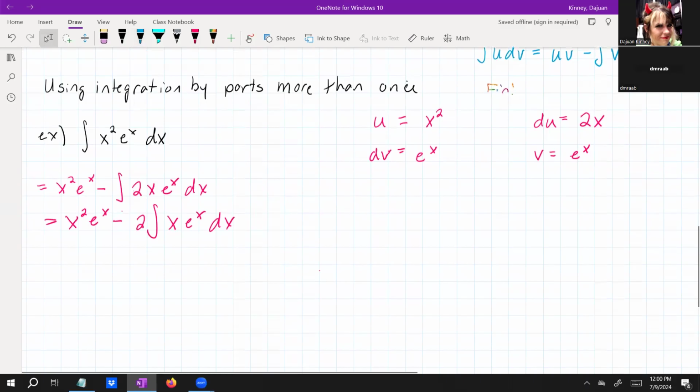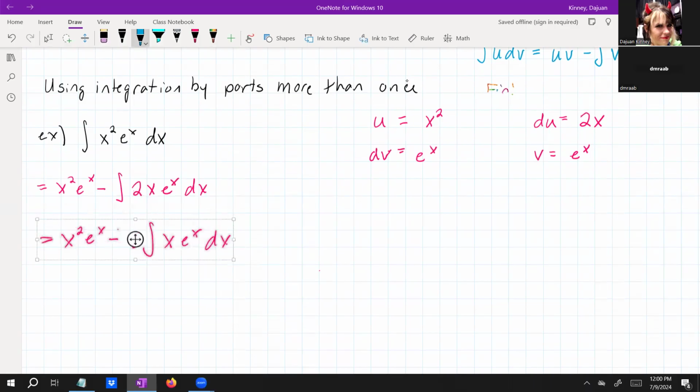I'm going to use a separate pen color to show that I'm doing this whole thing again. It may help you if you want to use f and g, so use different letters. Actually, I'm not going to change things. u, dv, and that'll be my du and v. I used to use f prime and g prime a lot, but we won't do that.